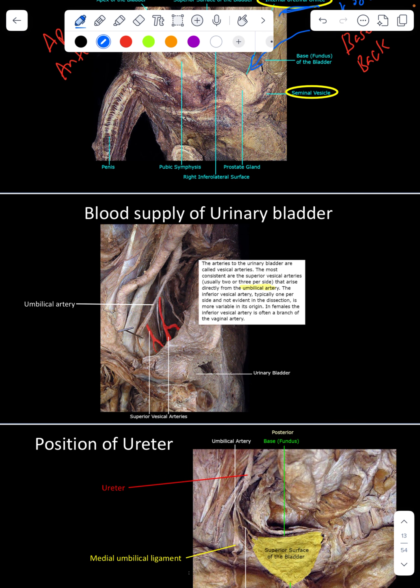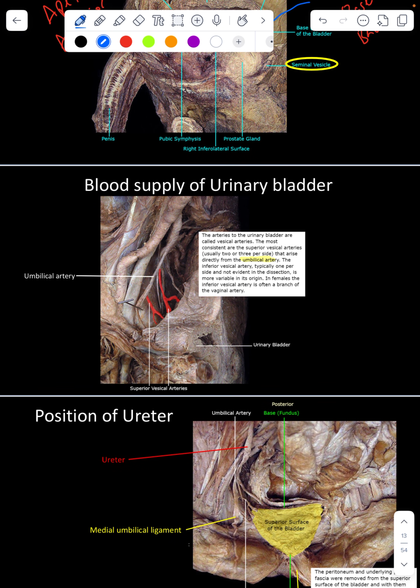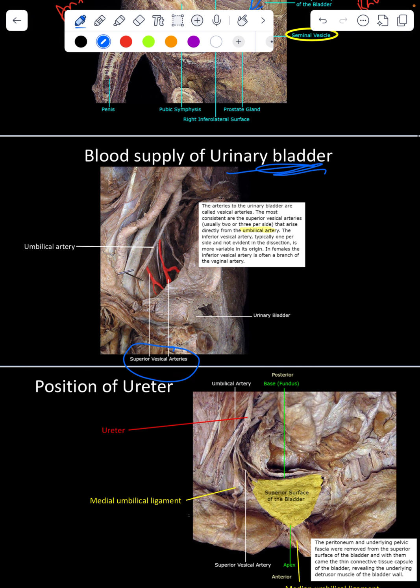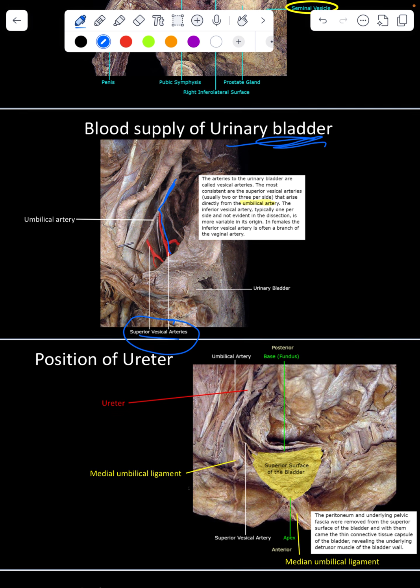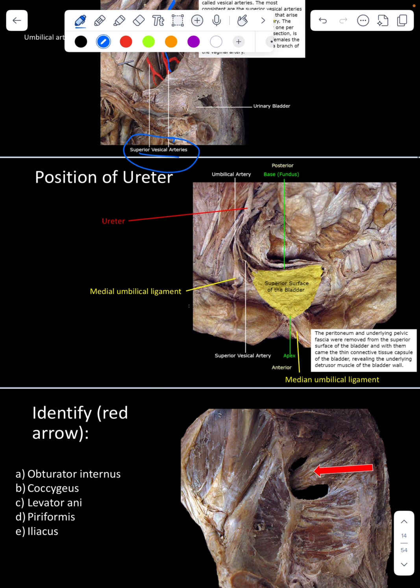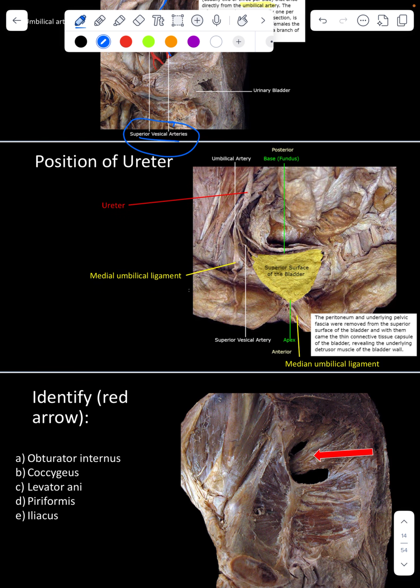Okay, let's apply to urinary bladder. So to the bladder, you're going to get the vesicle artery. You see an artery coming off the anterior branch, going straight to the bladder, superior vesicle. Okay, and then we said the medial umbilical ligament will give rise to the umbilical artery.